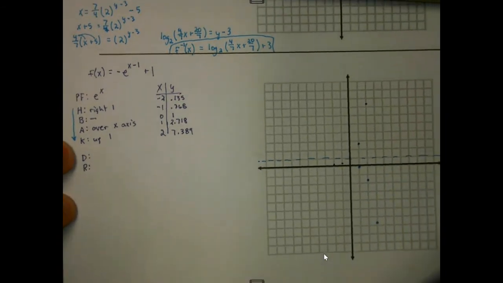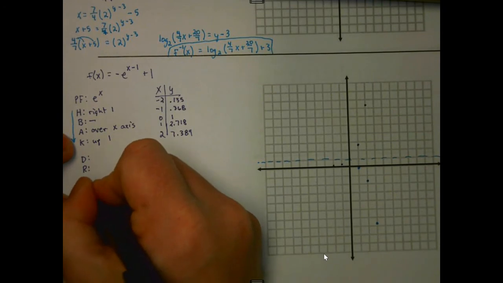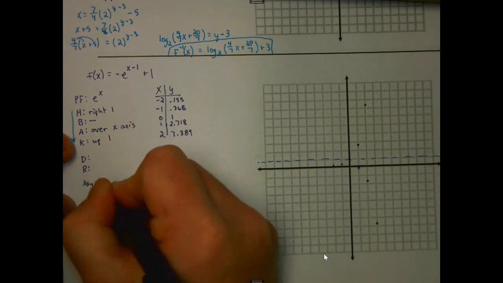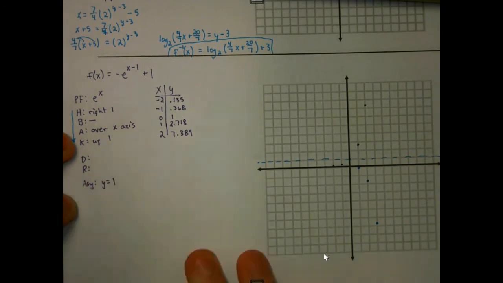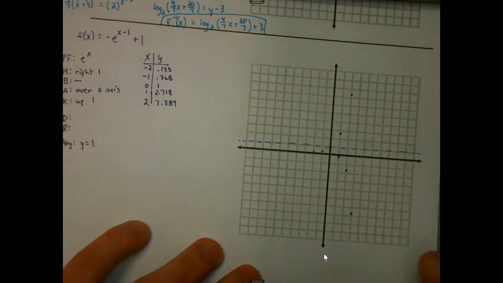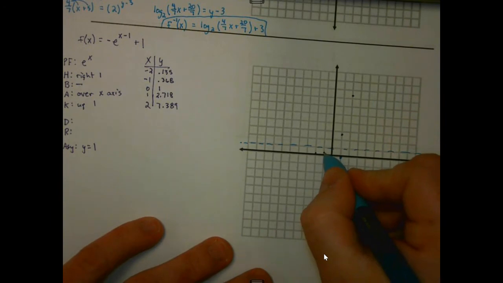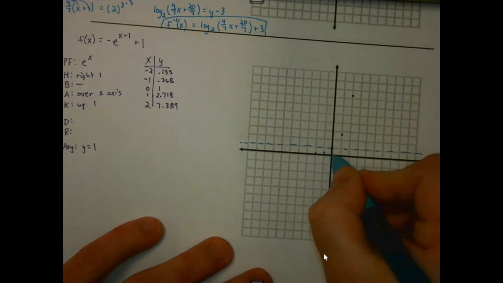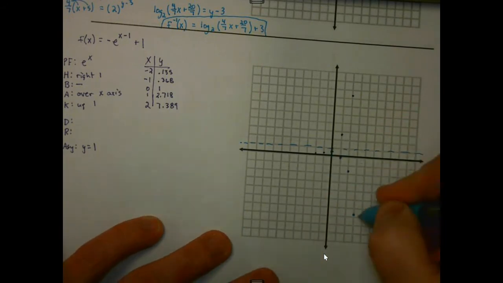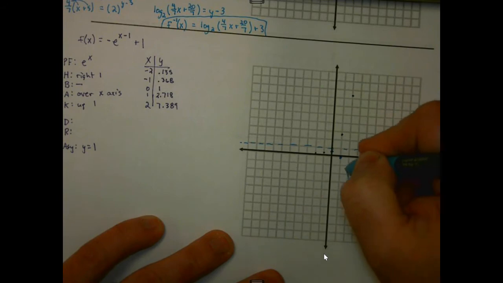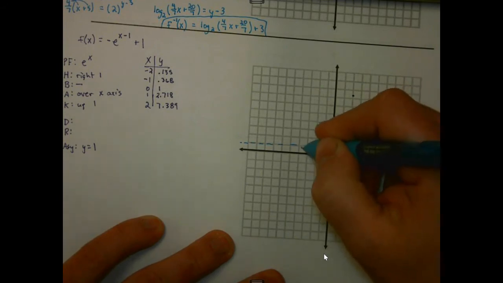We can see that that's where my points are going. So we'll move one more point. We're going to go right 1, flip it over, and go up 1. So about here.